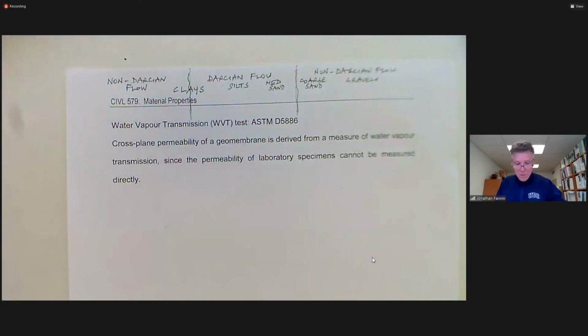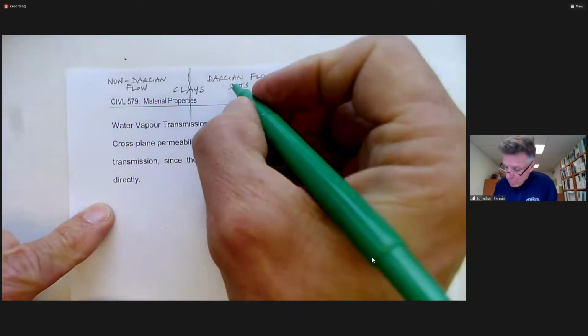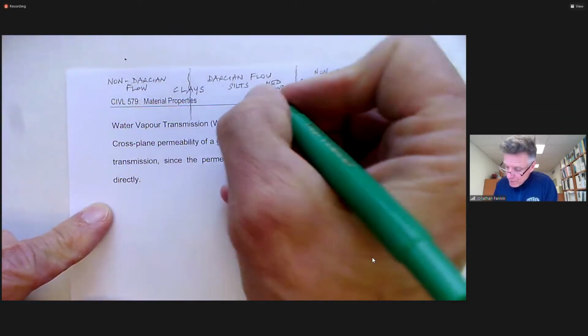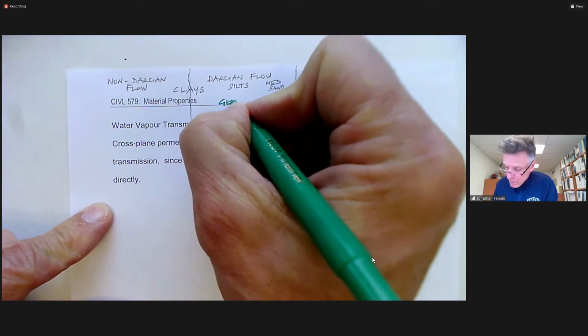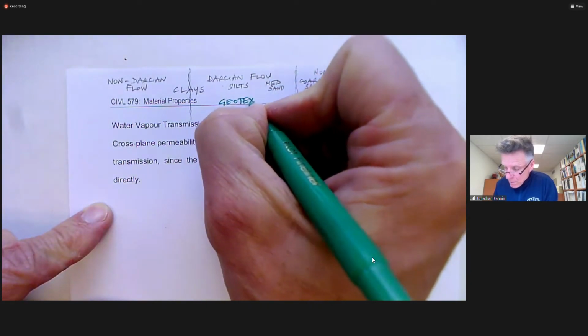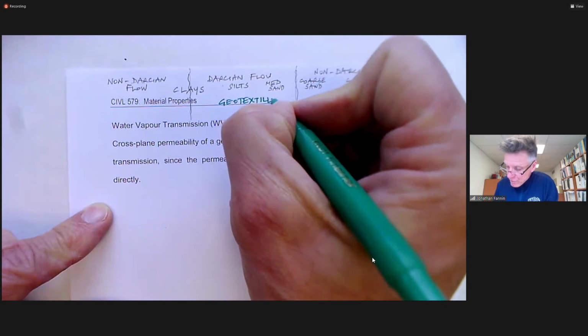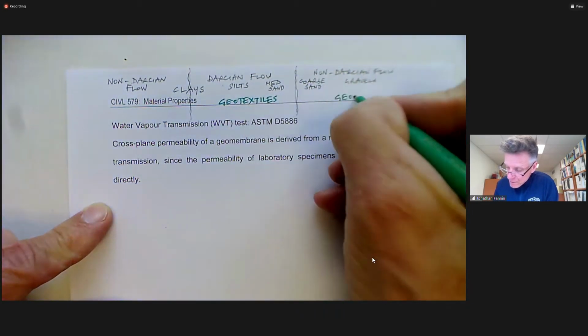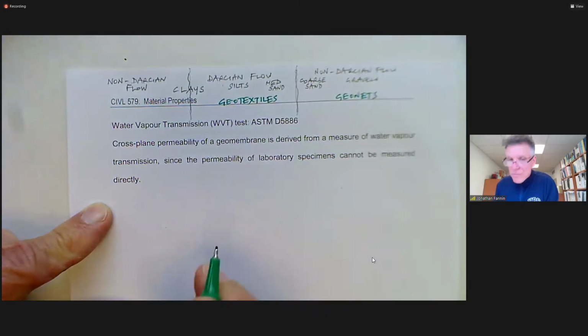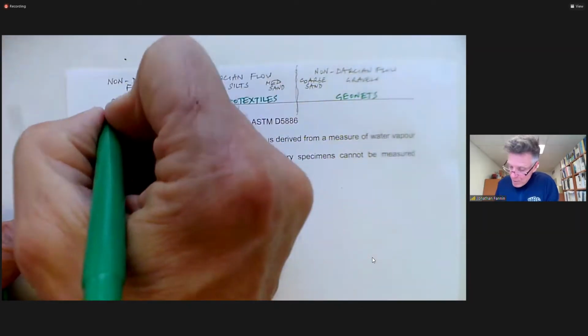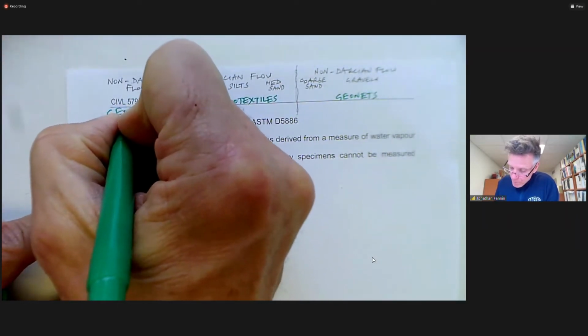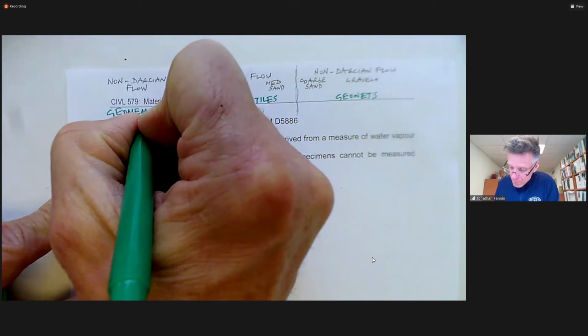And I'm going to map onto those now that we have geotextiles with Darcian flow, we have geonets with non-Darcian flow, and we have geomembranes with non-Darcian flow.